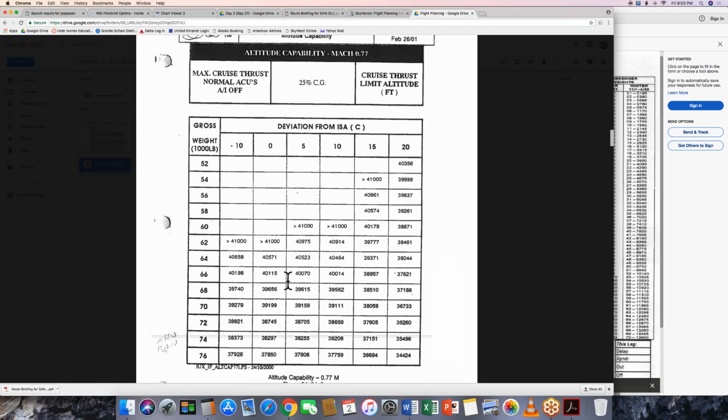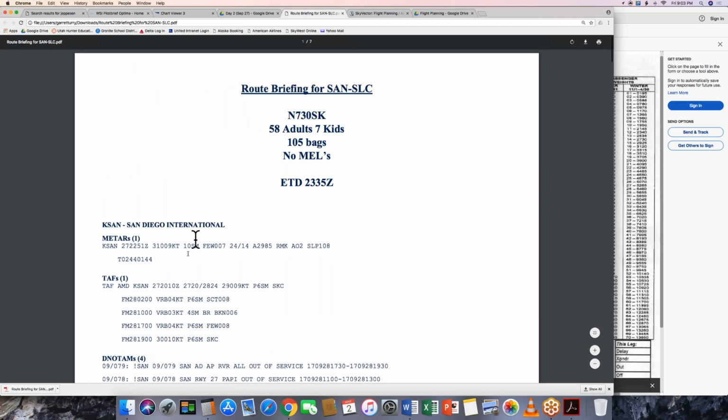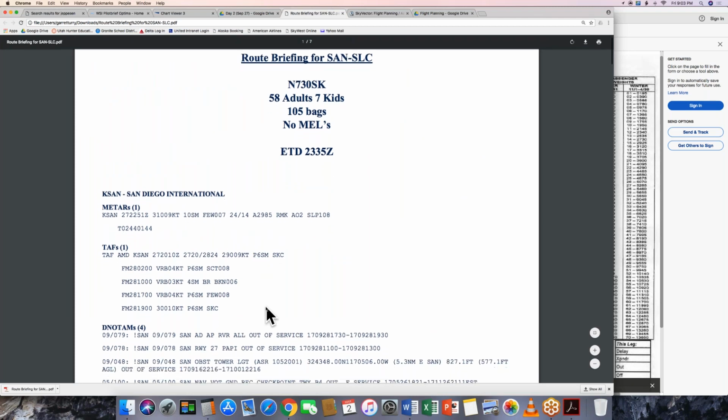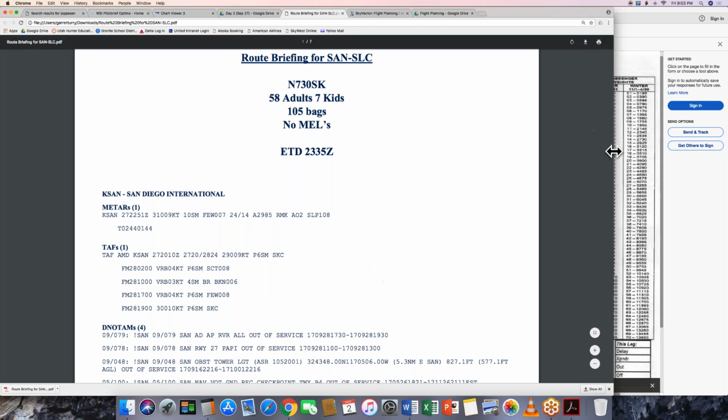Just get your deviation from ISA at the takeoff point and your takeoff weight, and that'll tell you your climb performance, and that'll tell you your max altitude capability. Okay, that's where I was losing my marbles there.